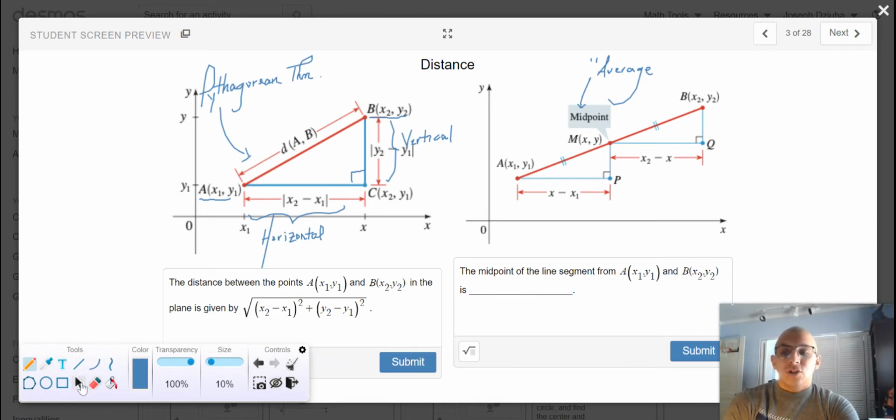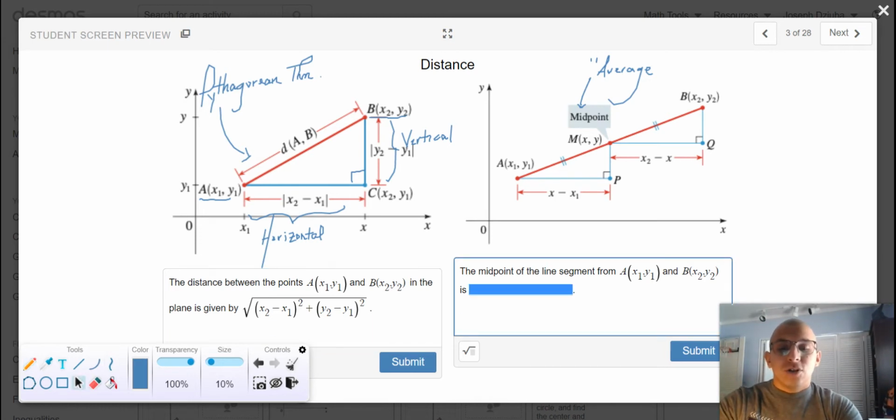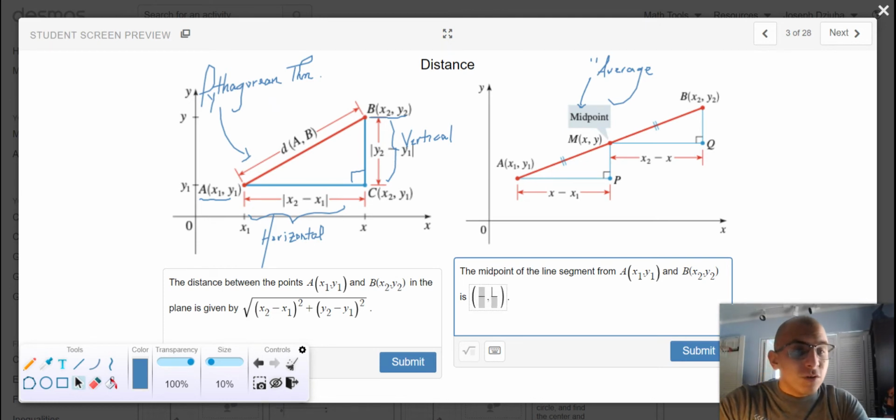To calculate an average, you should remember that taking averages involves dividing by the number of terms that you are summing. In this case, we have 2 points, so we're going to divide by 2. And to get the midpoint of the x coordinates, we would have to sum those x coordinates.